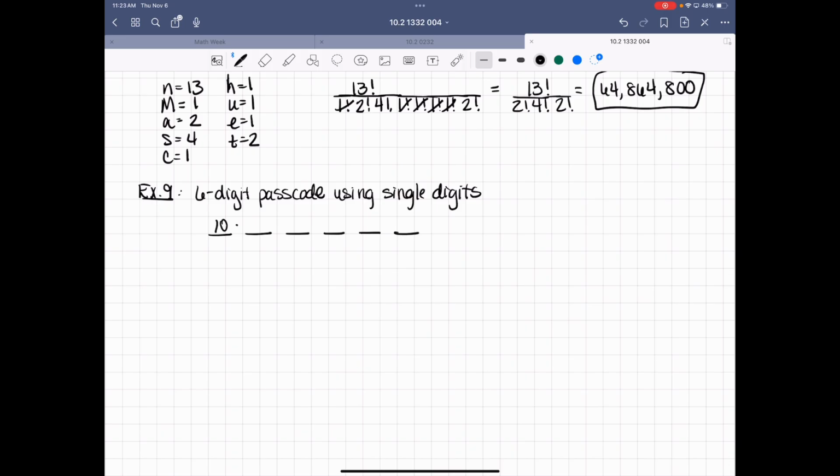So if we do it without repeating, okay, we can't repeat. So there's 10 possibilities in the first slot, 9, 8, 7, 6, 5, right? That's without repeating, okay?